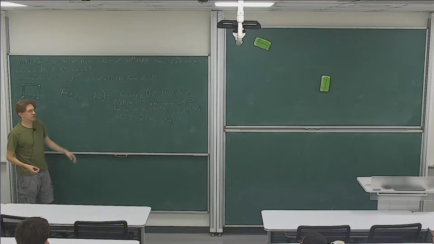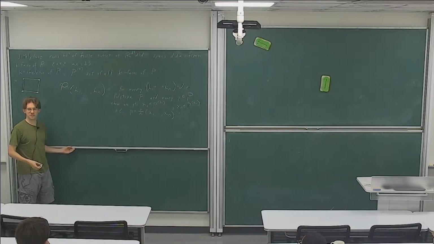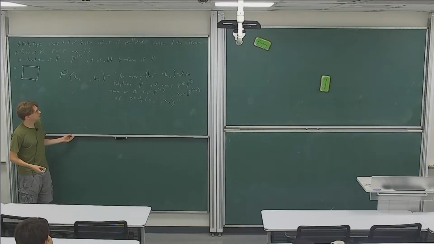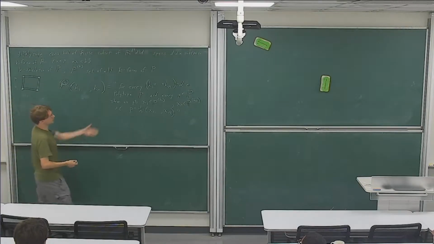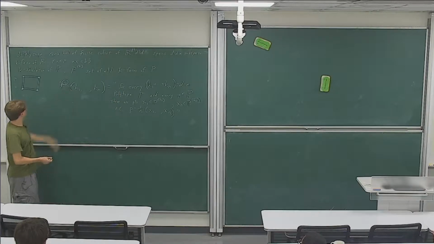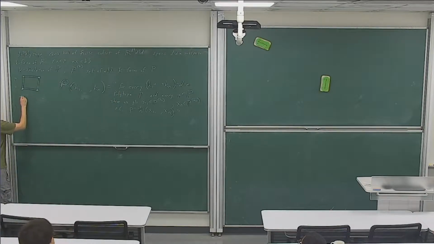So I could ask for which parameters is this statement going to be true. So you can think about, let's say, the square. One example would be P(1,1). In this case I'm asking, can I find 2 points on the boundary of a convex polygon such that if I pick any point inside the polygon, I will be able to write that point as the barycenter of some 2 points on the boundary.